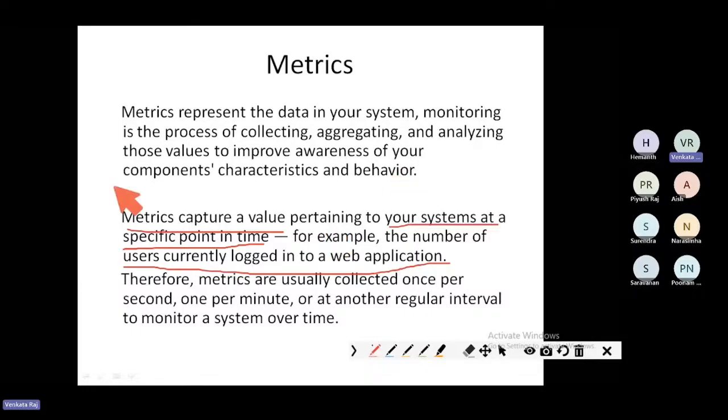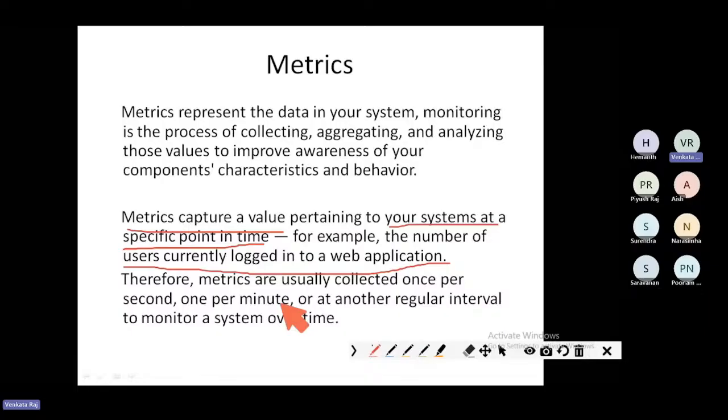Right. So metrics will be gathered at different frequency levels. Normally from organization to organization, and from team to team, they have their different frequency set.